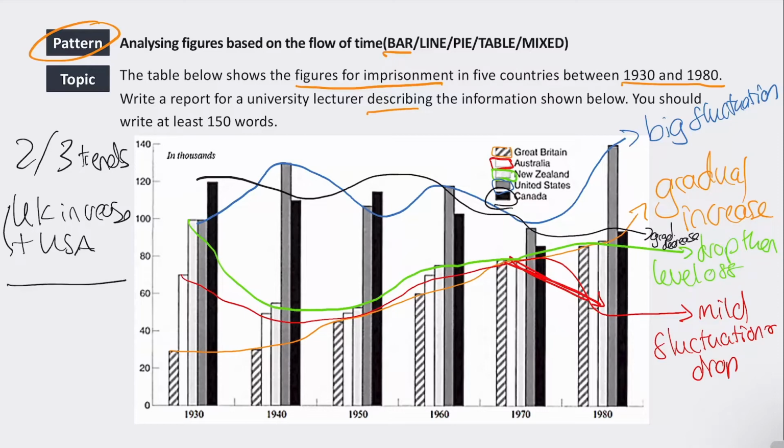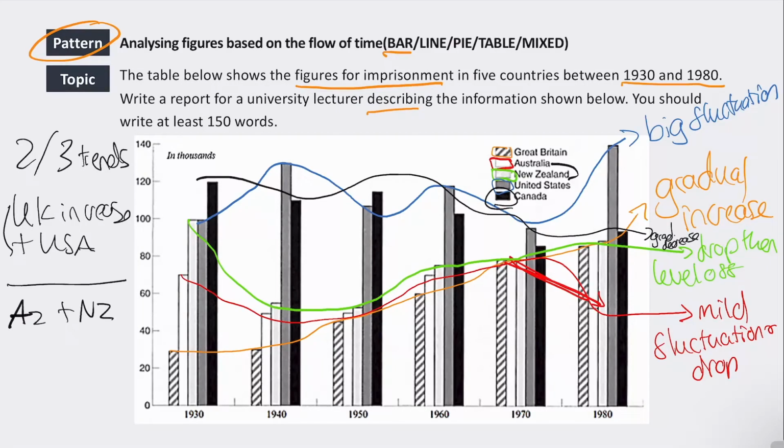Okay, and then in my second body, Australia's got this up and then down, and then we've got this level off. So I probably want to compare Australia and New Zealand together.